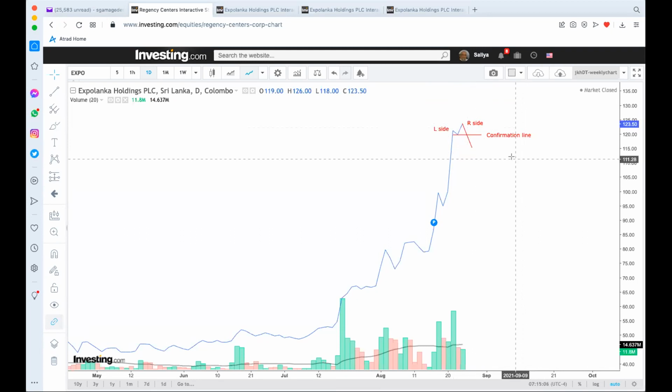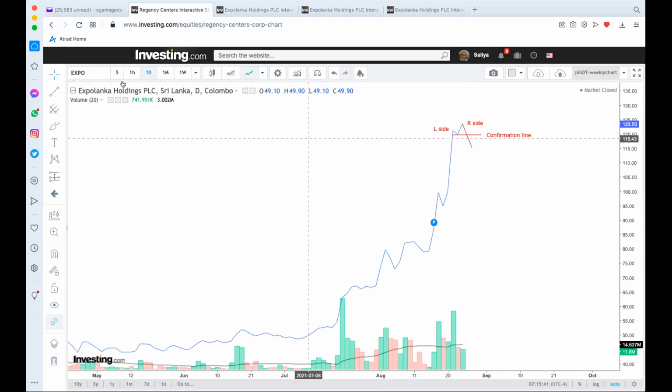What is the meaning of that? Now, as far as we are concerned, in the Sri Lankan market, we don't have the ability to short, right? We haven't got that facility as yet. But this will help us to understand whether the trend is reversing. Other thing is, we need to understand another important fact, always remember this, these patterns are short-lived.